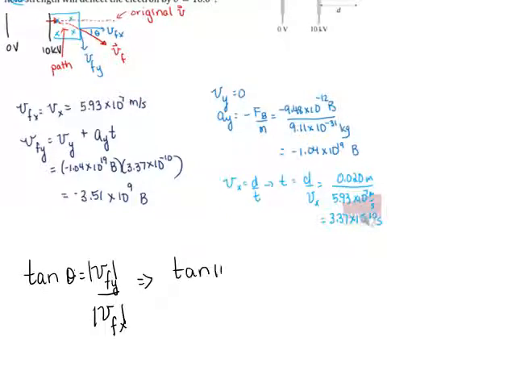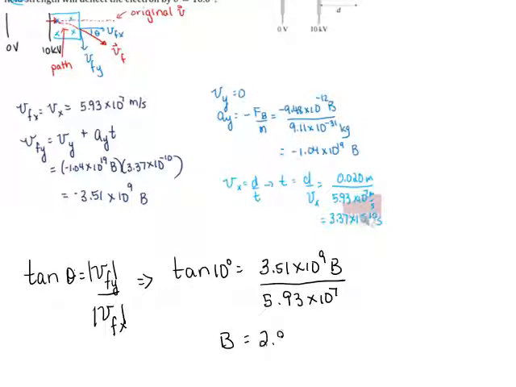So tan of 10 degrees is equal to the magnitude of Vy, which is 3.51 times 10 to the 9 times the strength of the field, divided by the magnitude of Vx, which is 5.93 times 10 to the 7. You can do your algebra there, and you should find that your magnetic field is 2.98 times 10 to the minus 3 teslas, or 2.98 milliteslas.